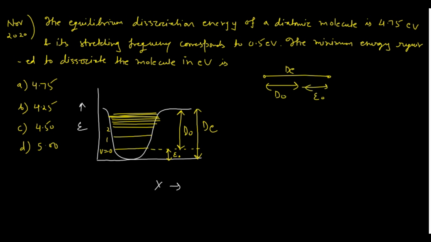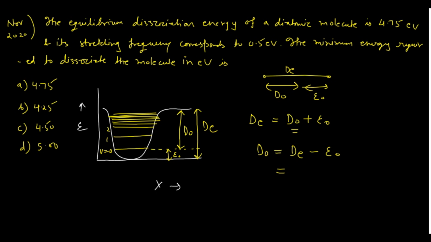So that means DE equals D0 plus E0, and you need to find D0, the dissociation energy. That means D0 equals DE minus E0. The equilibrium dissociation energy, that is 4.75, is given in the question itself, guys.